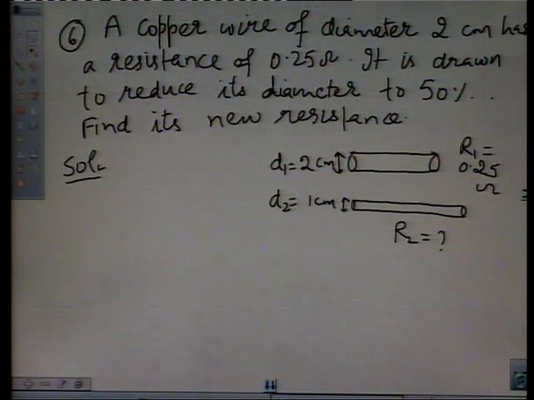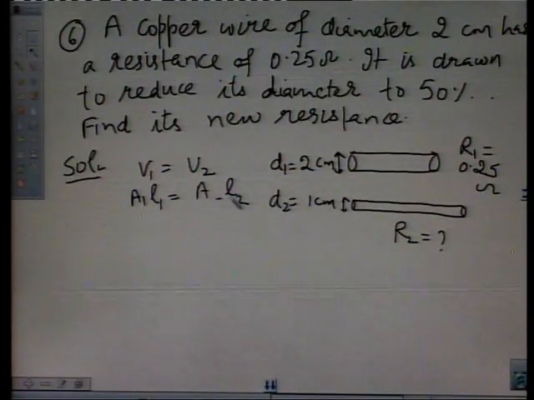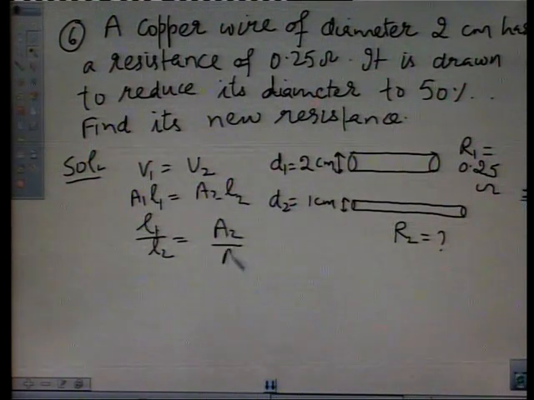As we have solved earlier, the volume of the wire remains constant. V1 is equal to V2. So A1 L1 is equal to A2 into L2. So the ratio of lengths L1 upon L2 comes out to be equal to A2 upon A1. Now area of cross section of the wire is pi d square upon 4.